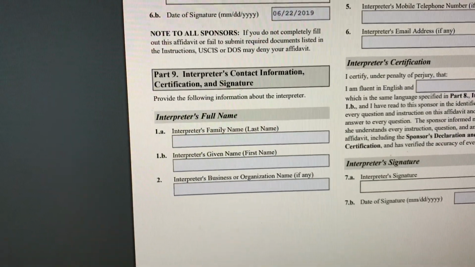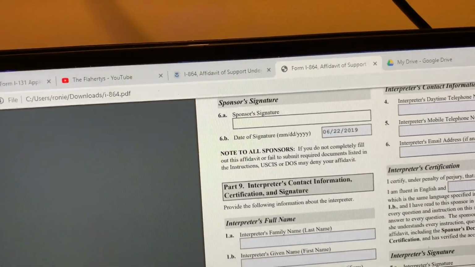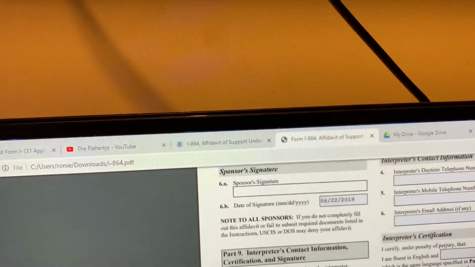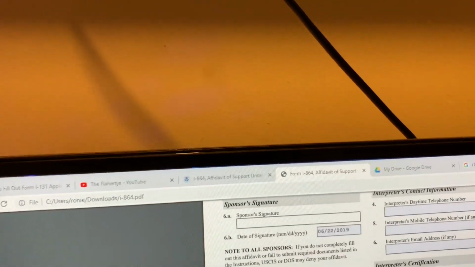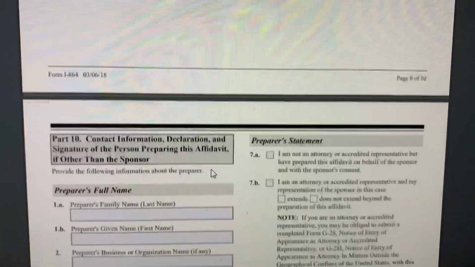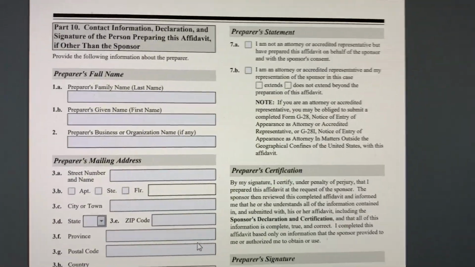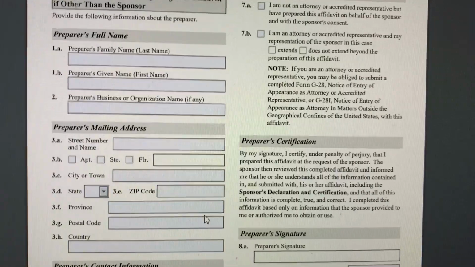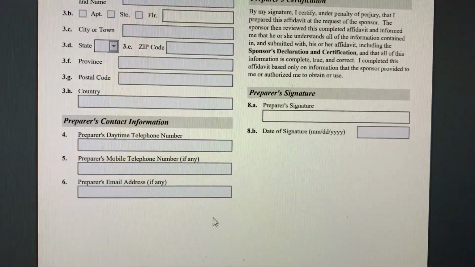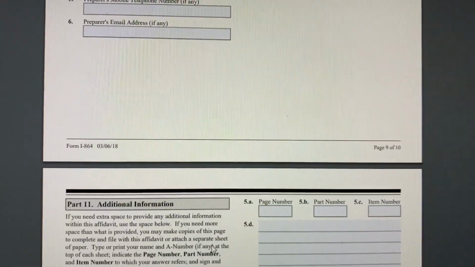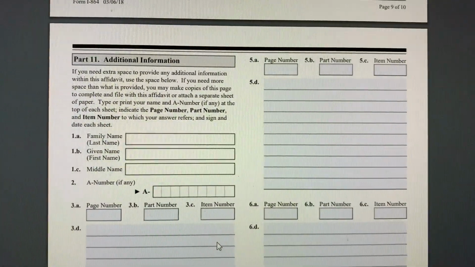Page 9. So this is where, I think, lawyers and preparers, mainly lawyers I guess, the ones who prepared your stuff on your behalf.